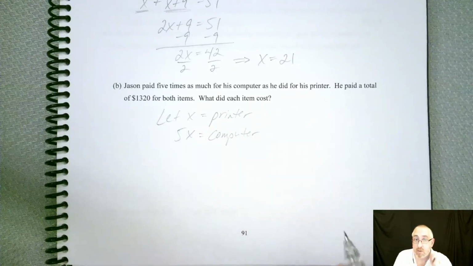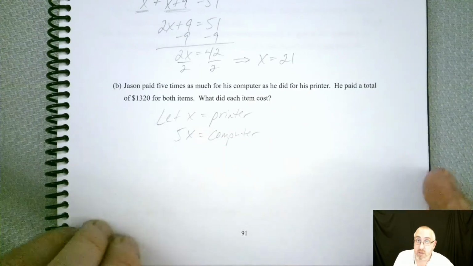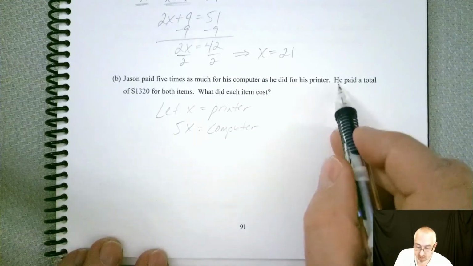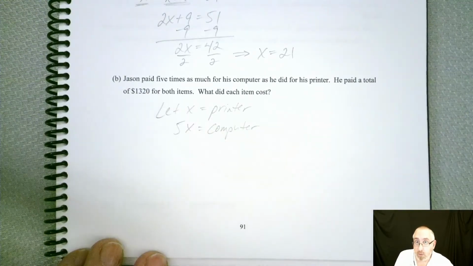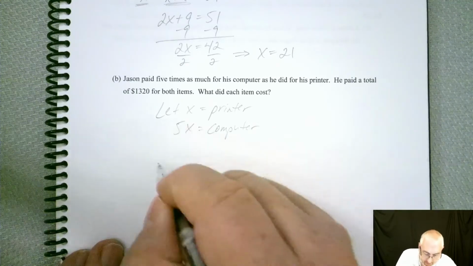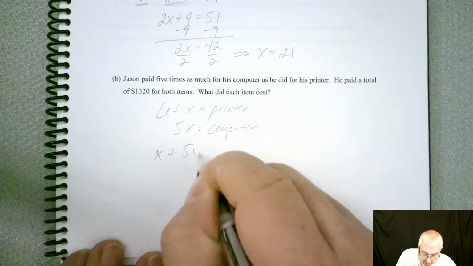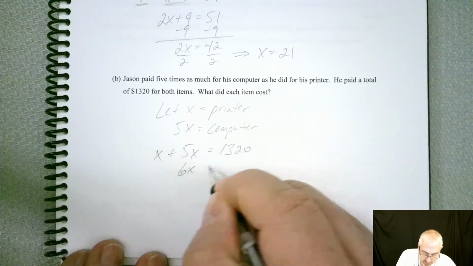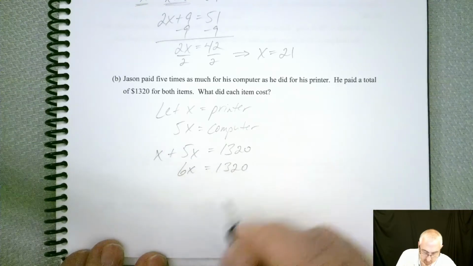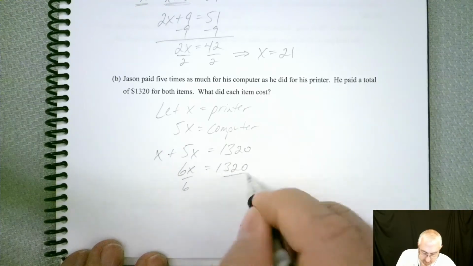So there's our two expressions. And so now he paid a total of $1,320 for both. A total. Add. We got to add those together. So x plus 5x equals 1320. So 6x equals 1320. And then divide by 6.